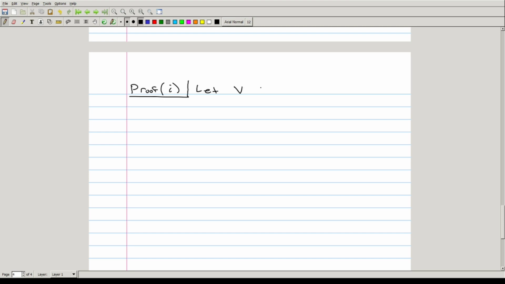Let V be a Liapunov function for xi star on an open set U containing xi star.